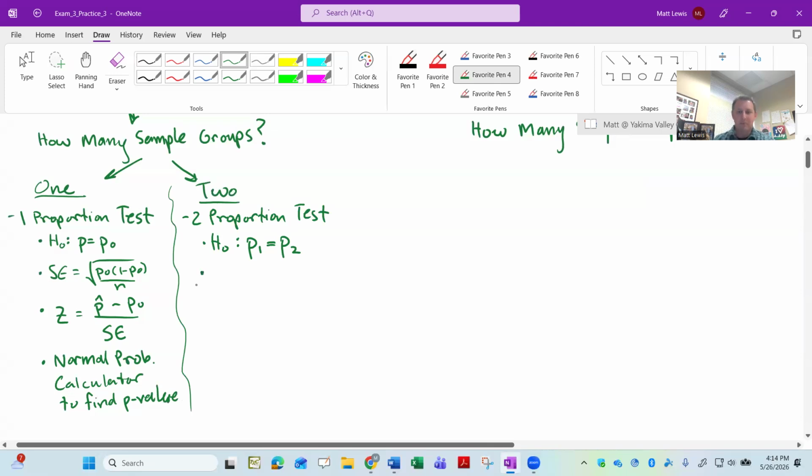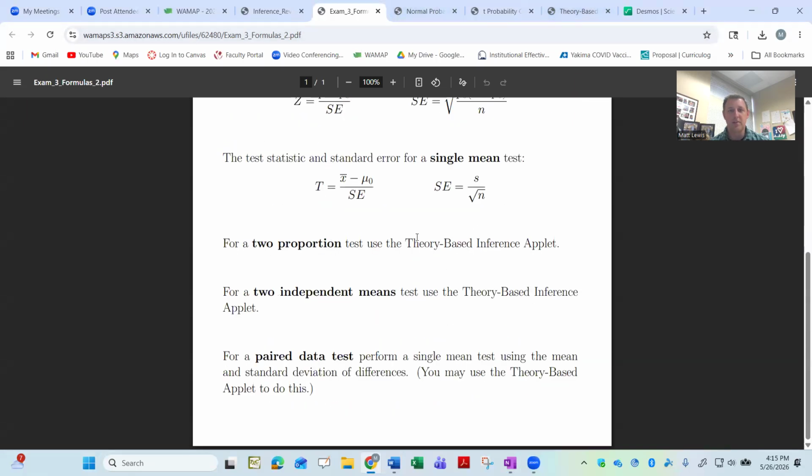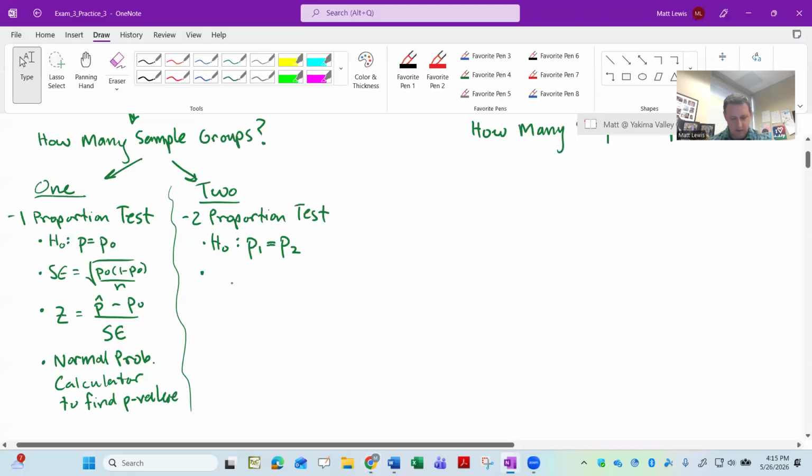But rather than messing with all those, remember, I've given us permission to use the theory-based inference applet for a two proportion test. So we'll just say use the theory-based applet to find your p-value.